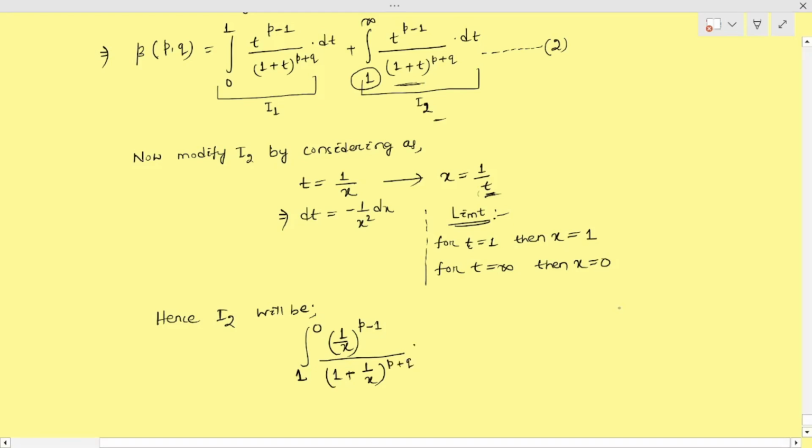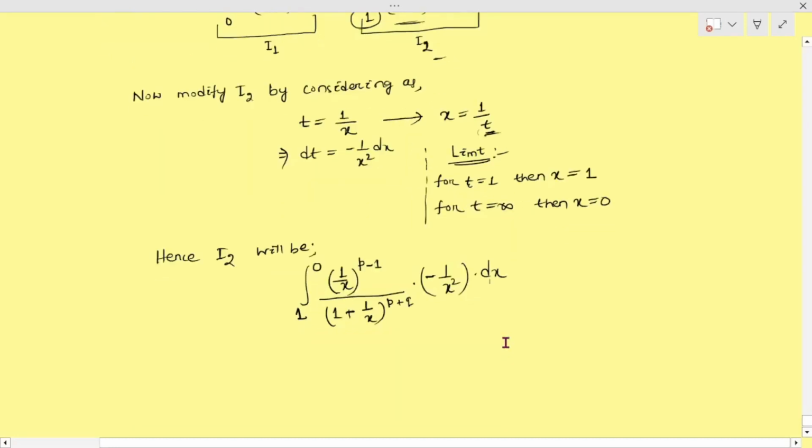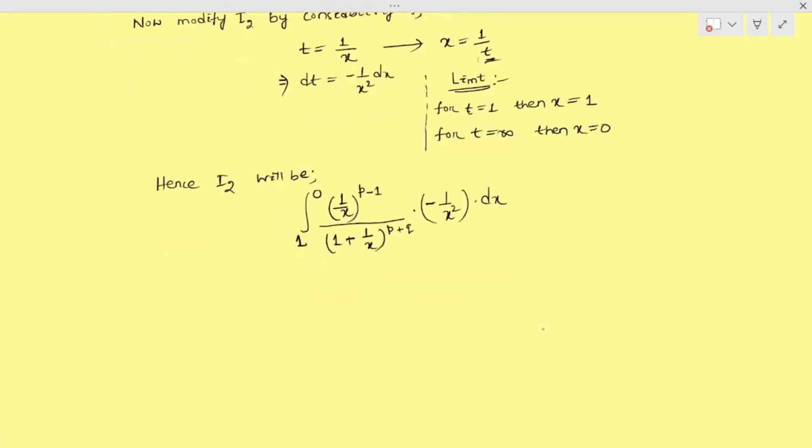Into dt we have to substitute 1 by x square dx. Now here the minus sign is there. If the minus sign interacts with this integration, then the limit will be exchanged. So I am going to omit this minus sign and exchange the limit.